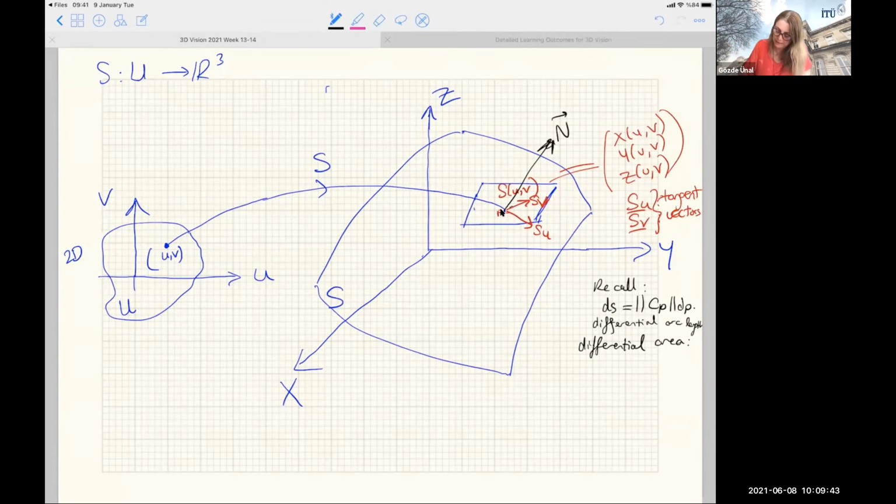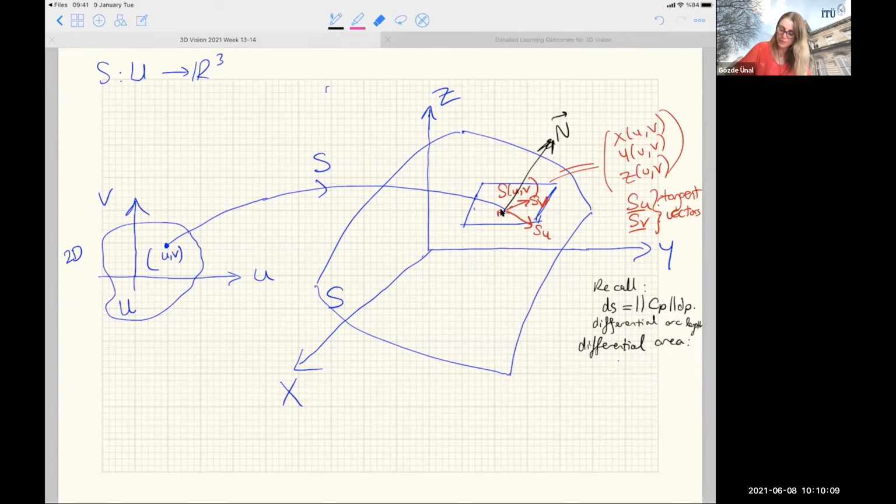So differential area, first of all, will be given by, you see these S_u, S_v are important, the magnitude of S_u cross S_v. And that S_u cross S_v actually gives me the normal, right? I also need du dv. Sorry, before that, let's first define the normal.